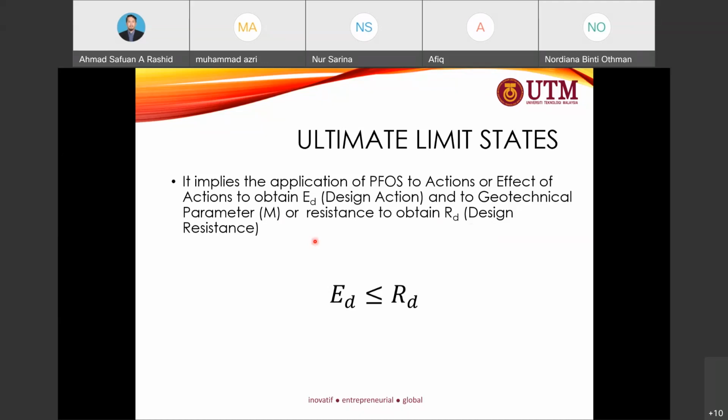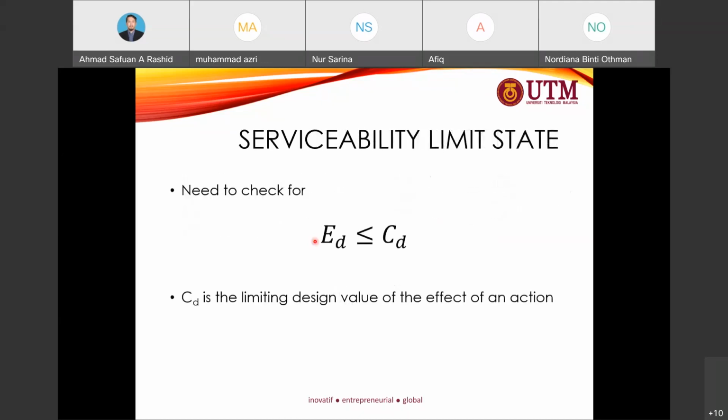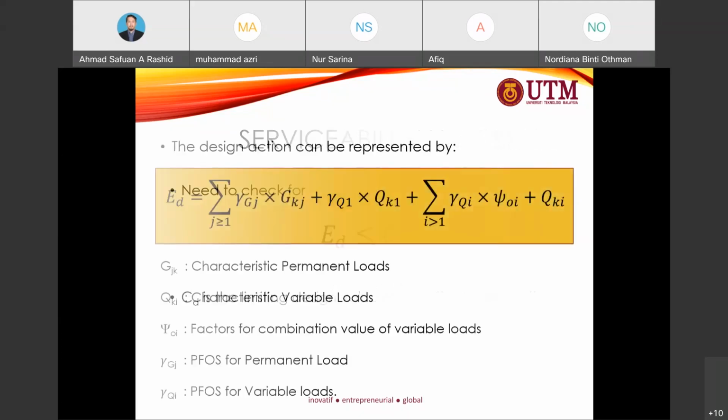Then we have another approach, serviceability limit state. We need to check that Cd, the limiting value of the effect of actions, should be compared with the Ed. So this is the design action, which can be represented by the following parameters.